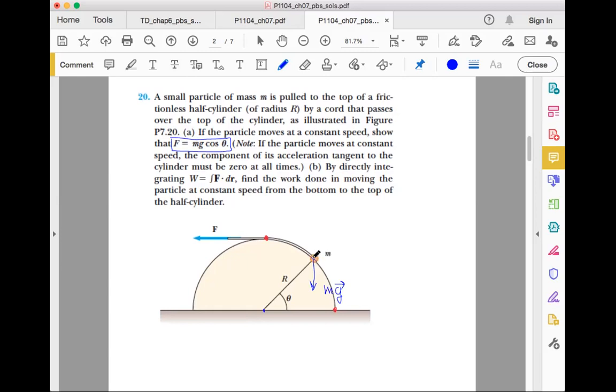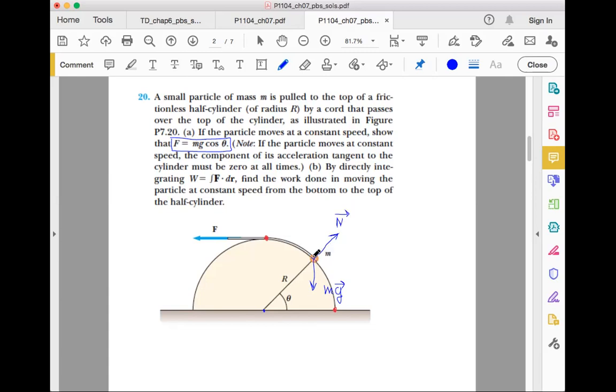So this is the surface of contact between the particle and the half cylinder. The normal is applied by the surface on the object, and it should be perpendicular to the surface of contact. So this is why we have N in this direction. So this is the normal, N.